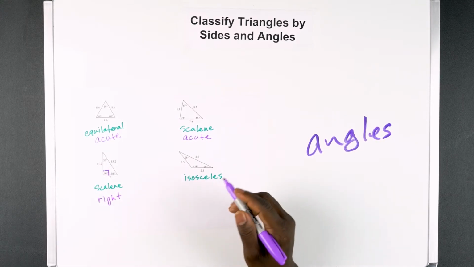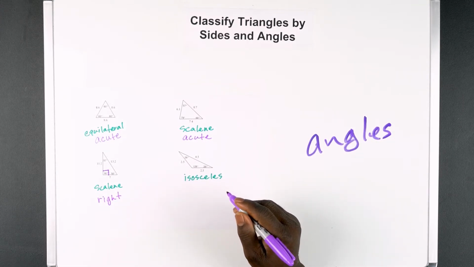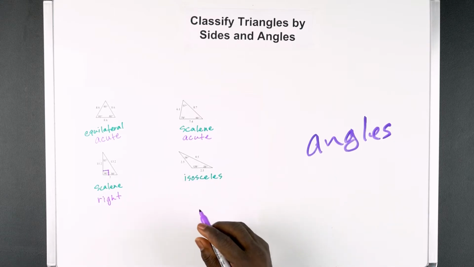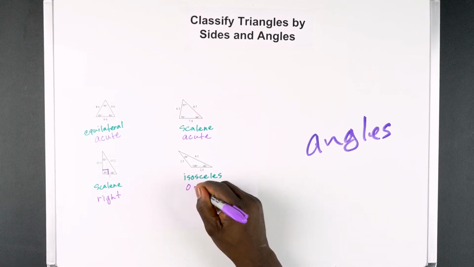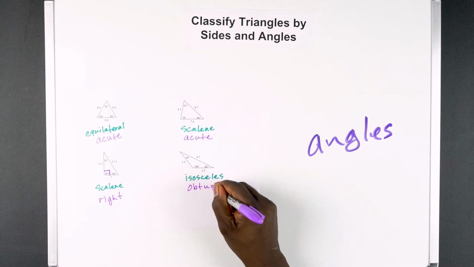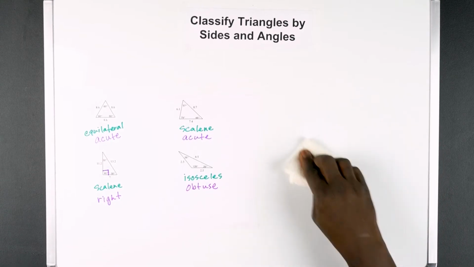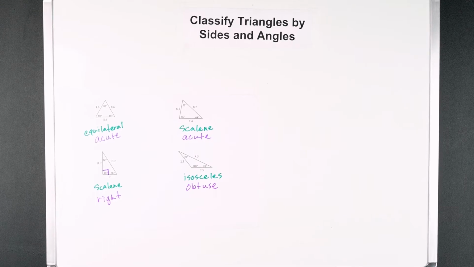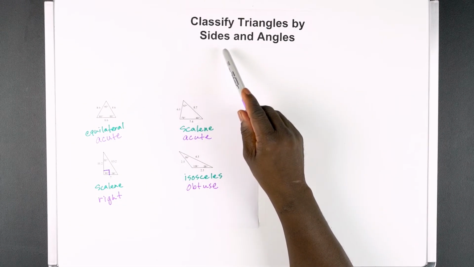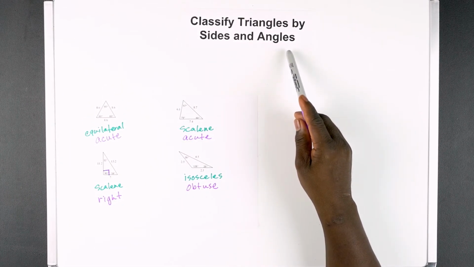That is between 90 and 180 degrees. We're going to call this an obtuse triangle. Okay, so we have successfully classified these triangles here by their sides in green and by their angles in purple.